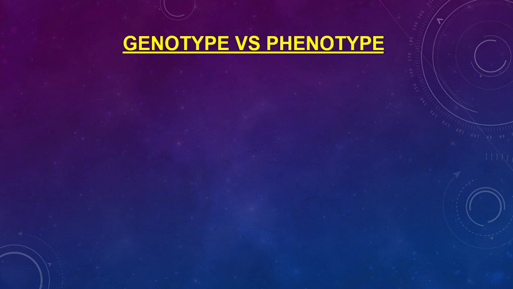So, for example, if I use eye color, you are only ever going to have two alleles. You can't have more than that because you inherited one from your mother, one from your father. Although there might be a multitude of other different alleles that are out there, you only inherit two. Whether they're the same or whether they are different is a different story, but you will inherit two of them.